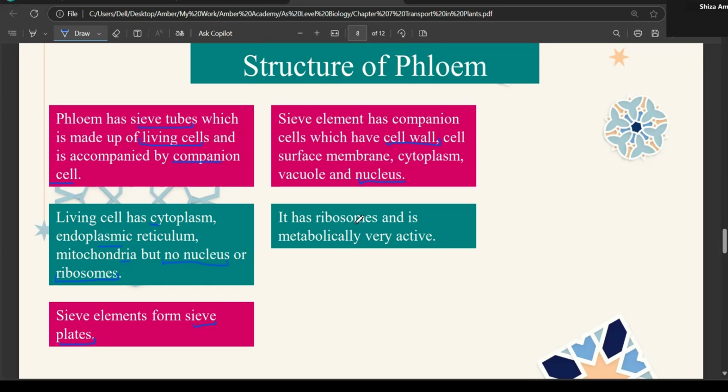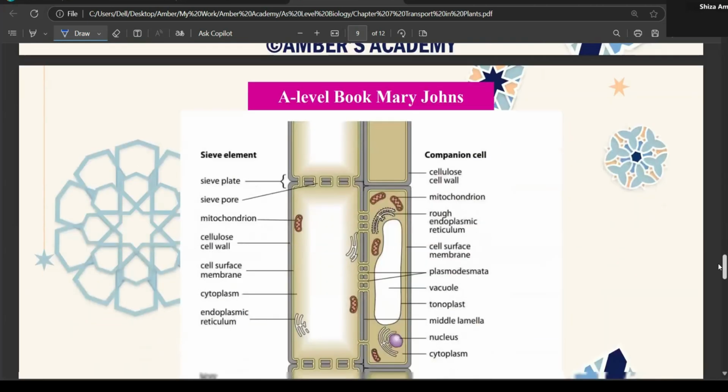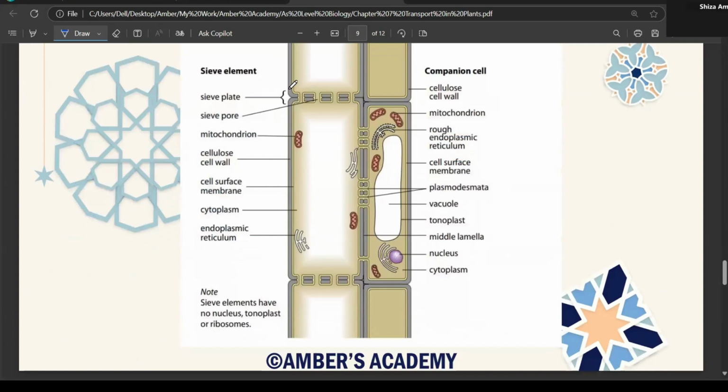It also has ribosomes and is metabolically very active. So in these two passages, we are talking about companion cells. It's a cell which accompanies the sieve element. So the sieve element does not have a nucleus, while the companion cell has a nucleus, has ribosomes, and is metabolically very active. Now let's look at the structure of sieve element and companion cell, because the sieve element and companion cell join to form phloem.